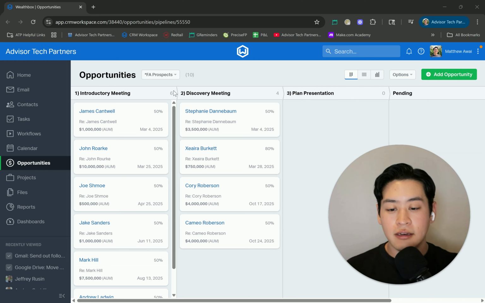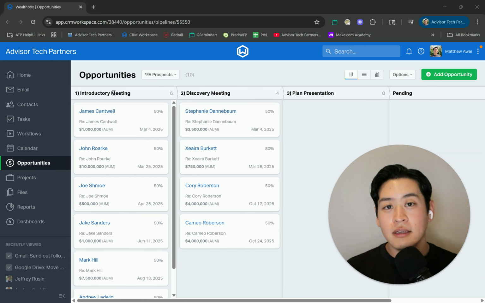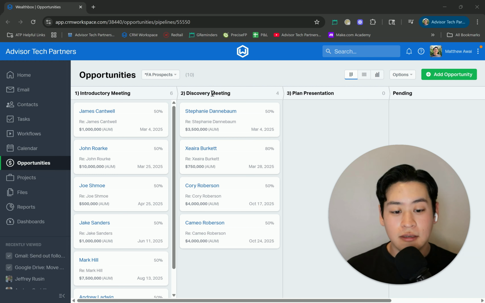So what we did on our side is we automated the platform itself so that once they schedule their first prospecting meeting, this introductory meeting here, they automatically get an opportunity that is launched here on the Opportunities tab. So we have a couple of them lined up here, a couple of the discovery meetings, which is that second prospecting meeting that this financial advisory firm utilizes.